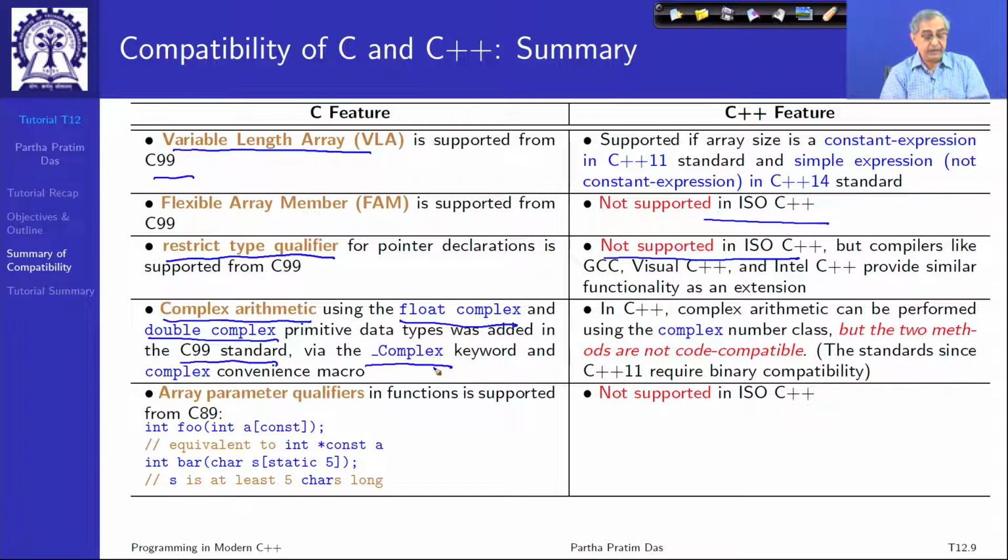Here it is the other way: in C, complex is a part of the language now from C99, but in C++ it is not. Using the complex number class, provided in the STL, you can do it, but both these methods of how it works in C and how it works in C++ are not compatible.